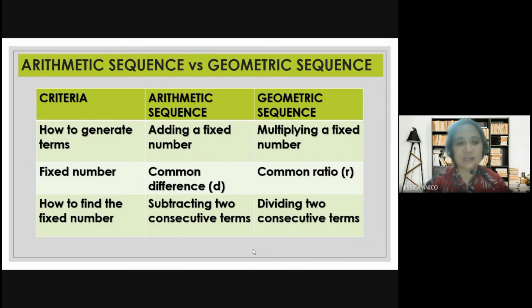The fixed number in arithmetic sequence is called common difference, while in geometric sequence, it is called common ratio. And to find the fixed number, in arithmetic sequence, we determine the common difference by subtracting two consecutive terms, while in geometric sequence, we divide the two consecutive terms to find the common ratio.